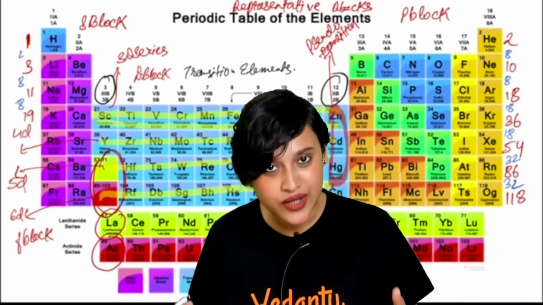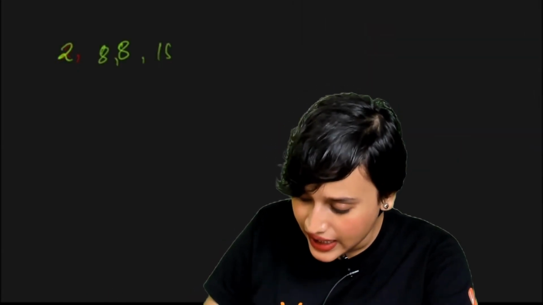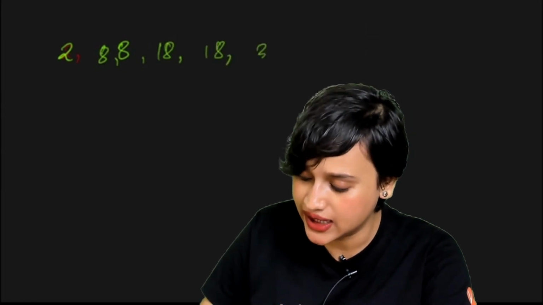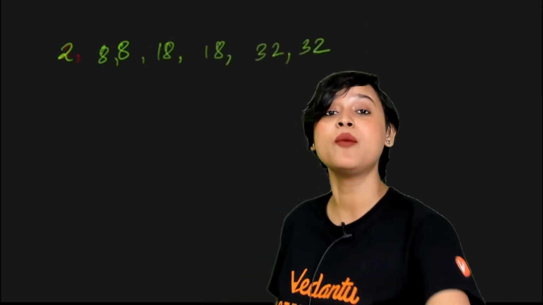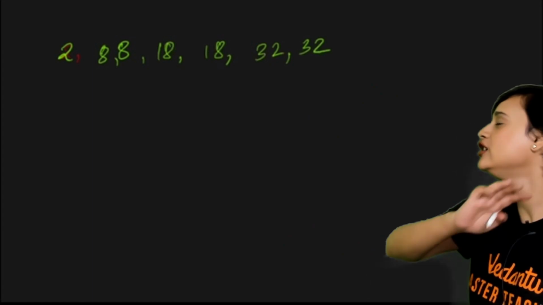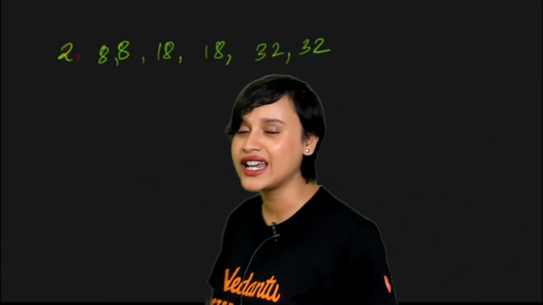So do you get my point? What is the magic number? The magic number, my dear students, is 2, 8, 8, 18, 18, 32, 32.